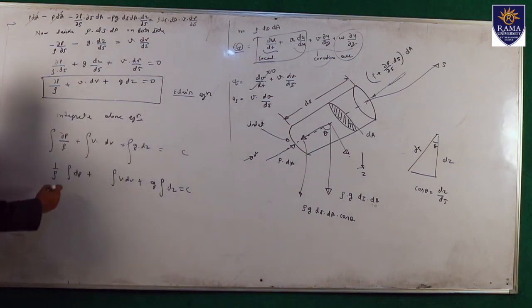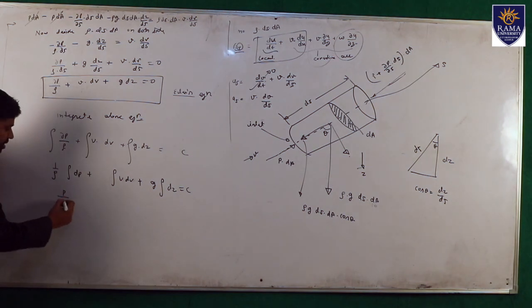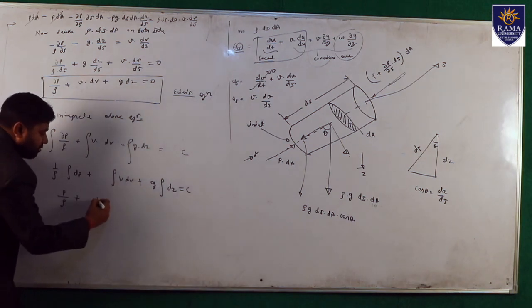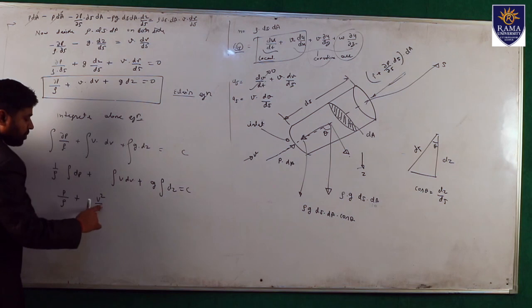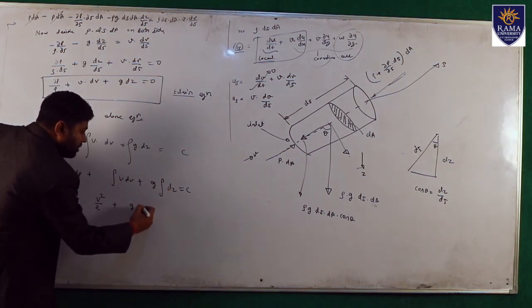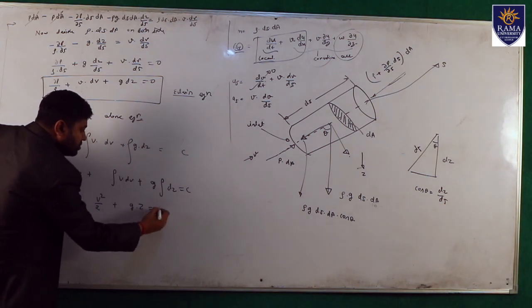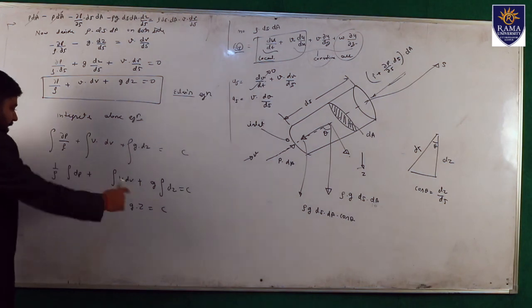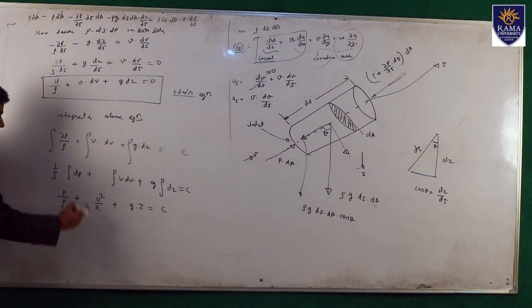Now integrated, what will become? P only. So it can be written as P upon rho plus V integrated, that is V square upon 2. Then plus g dz, that means z, equals to C. Now g is here, so we can divide by g on both sides.